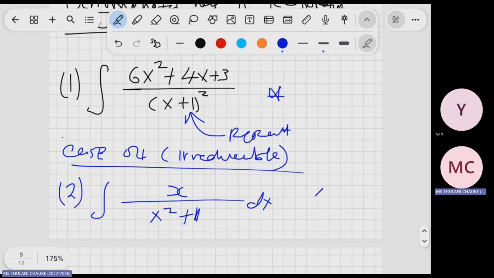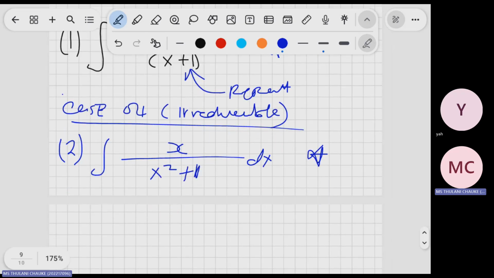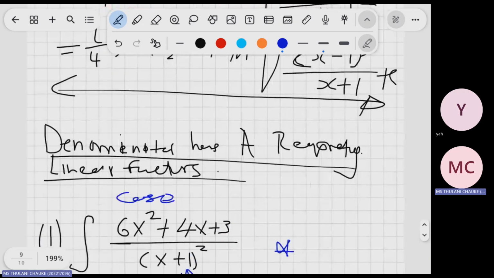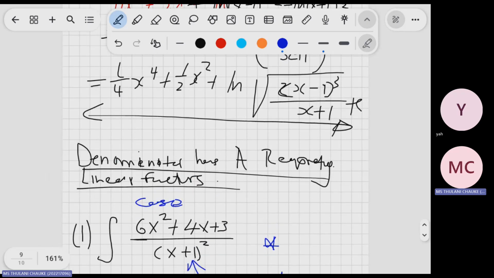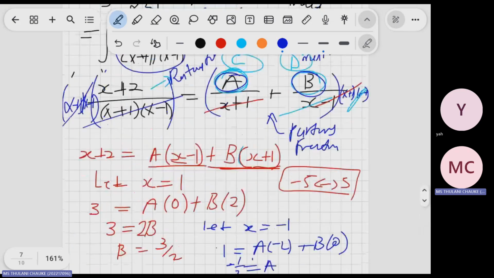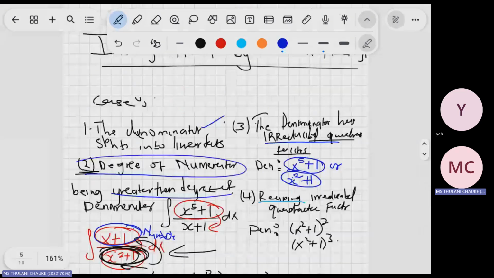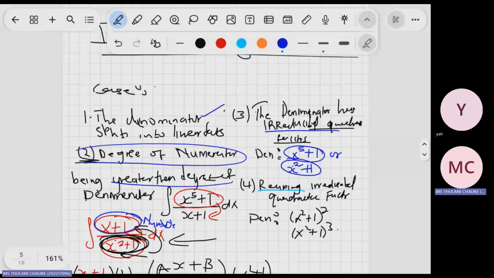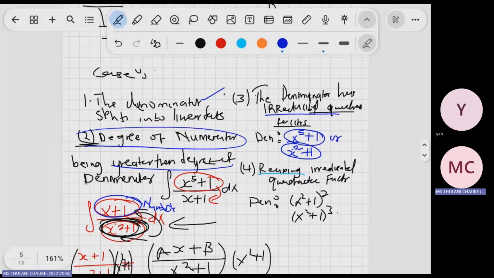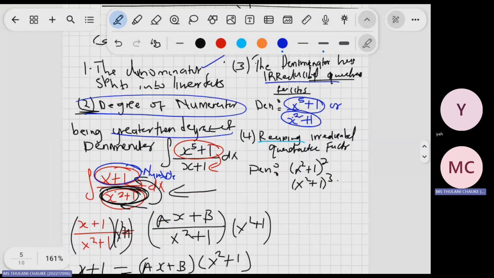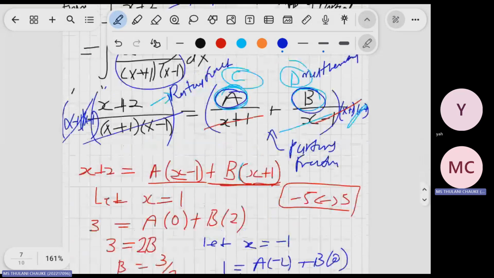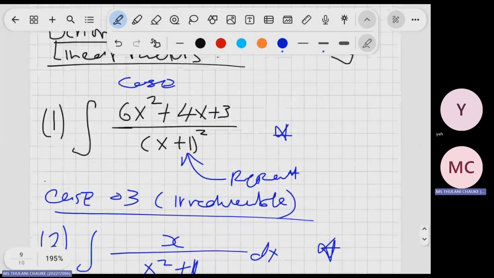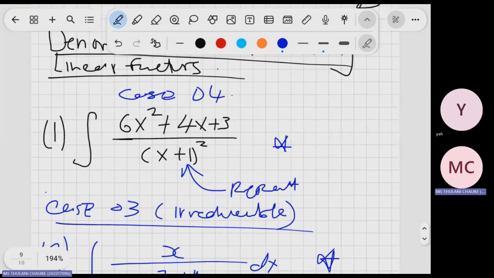At least if you have got these 2, you have got case 4, and this one is case 3. Oh, this one is case 3, and this one is case 4.